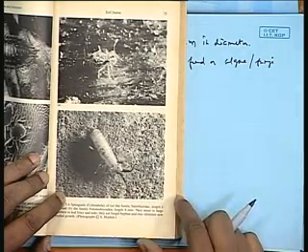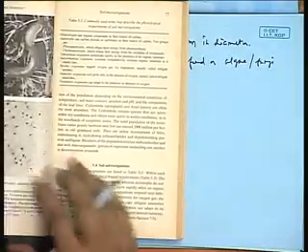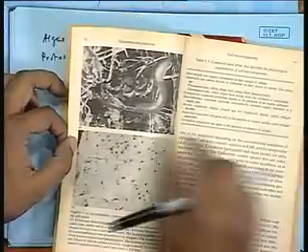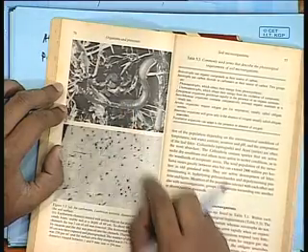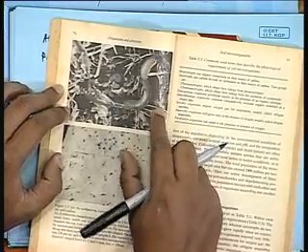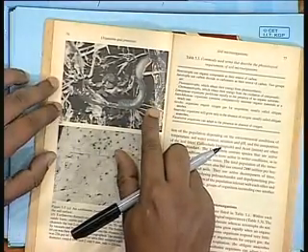This one is another very typical soil organism that you can see here, the earthworm, the typical earthworm that we generally observe. It is another interesting thing.